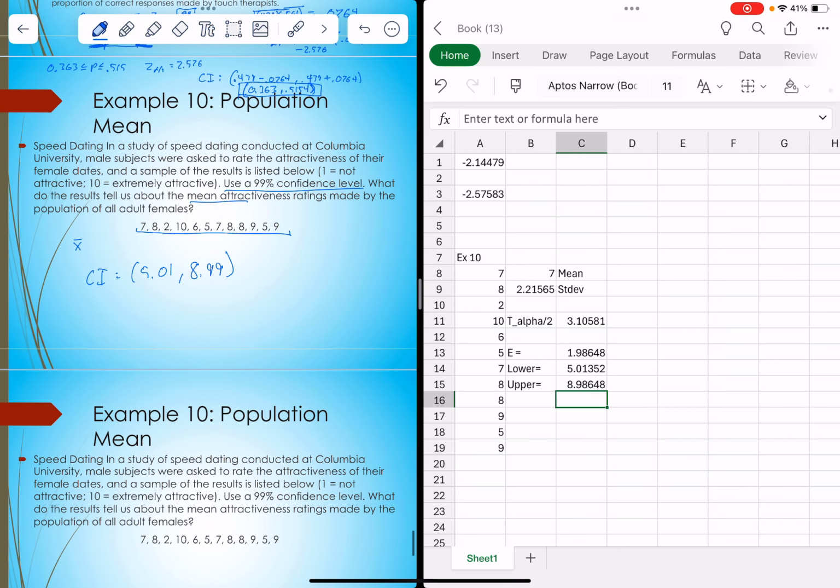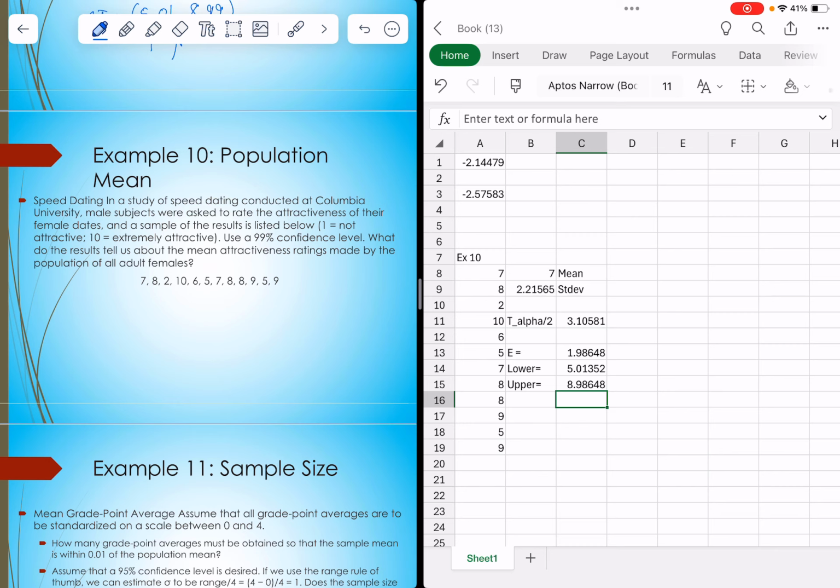So we're saying that with 99% confidence, the actual mean attractiveness is somewhere in here, which means that on average, most people are more attractive than the middle 5. In fact, the middle of the road, 5, is not even in this confidence interval.